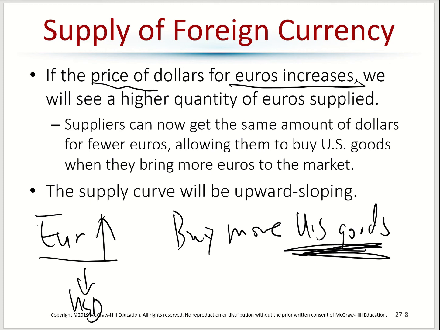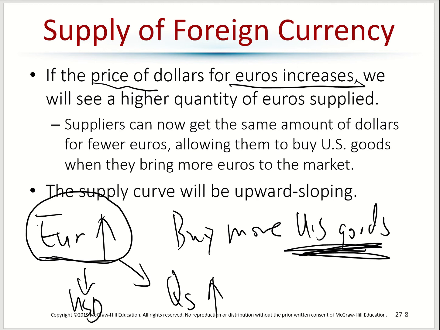So on the supply side, we see that when the price for euro goes up, the quantity supplied of euro also goes up, because consumers are now more willing to exchange their euro to US dollars to buy more US produced goods.